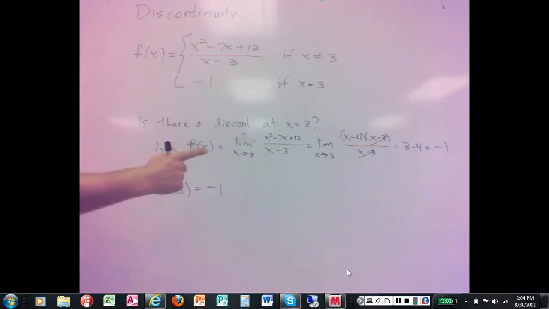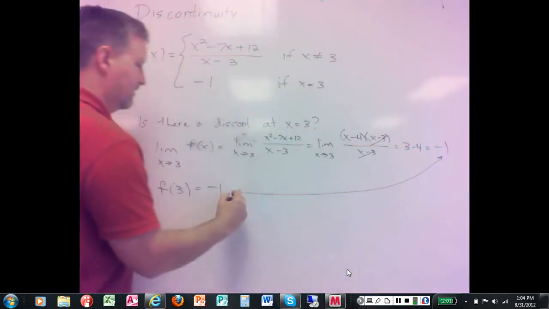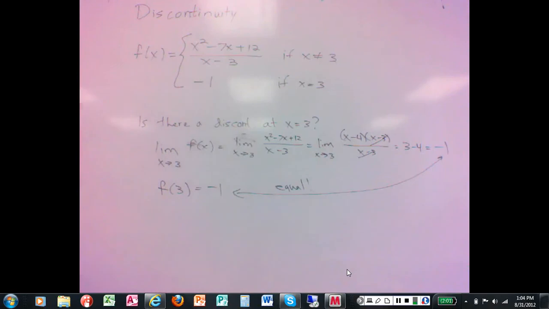So do you see now we've got continuity? Because the last part is that these two are equal, and they are, aren't they? So it's not discontinuous. It is continuous at 3.